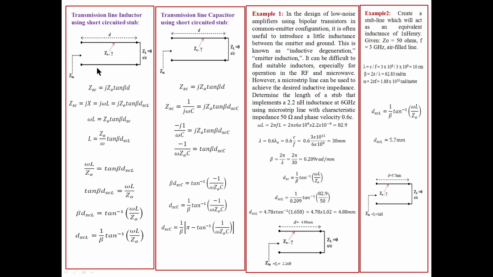For a short circuited transmission line like this, the load value ZL equal to 0. Input impedance is given by this equation. It is nothing but a reactance, jX, which we can write in terms of Z0 and beta d. It is the X value here.